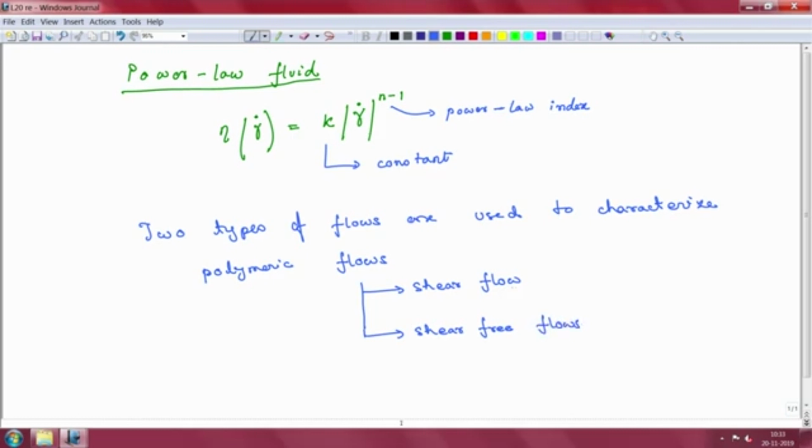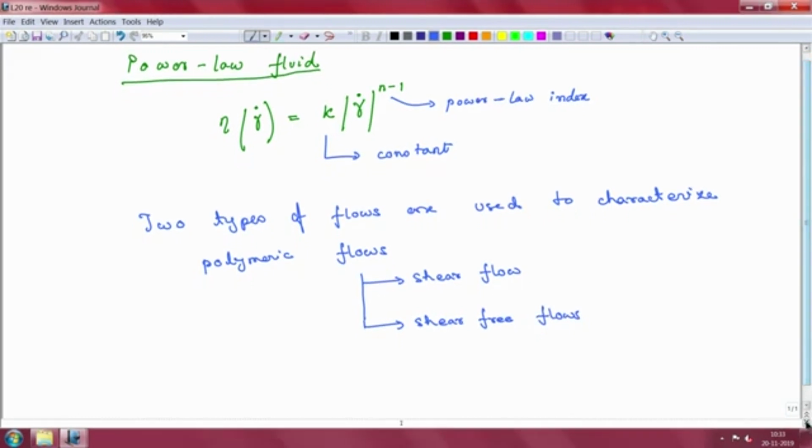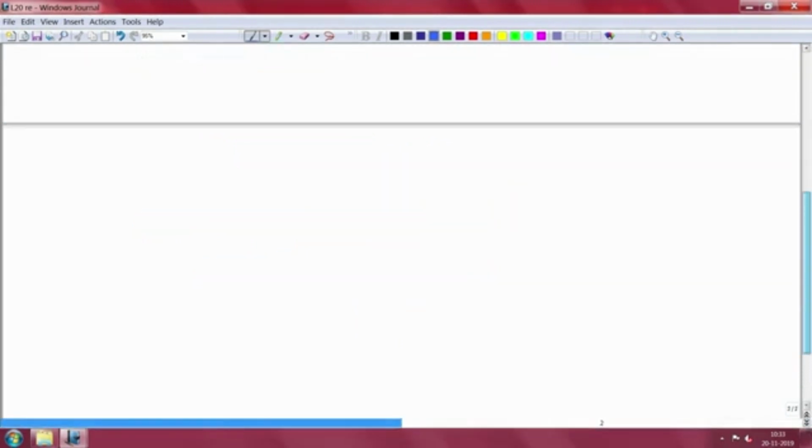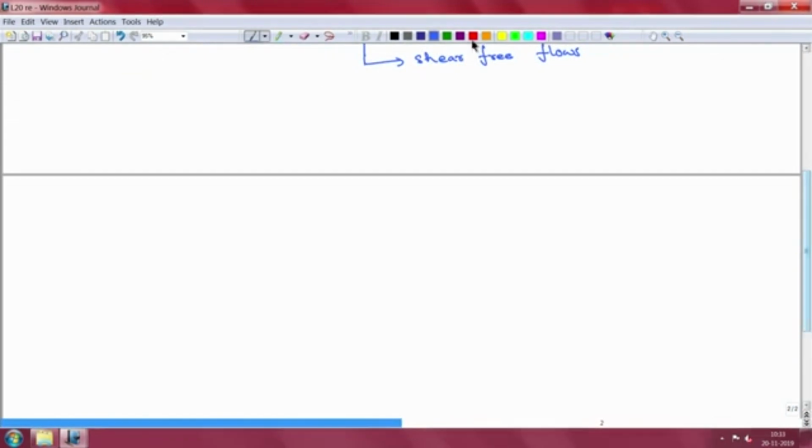So, today we will only look in detail at shear flows, or simple shear flows.